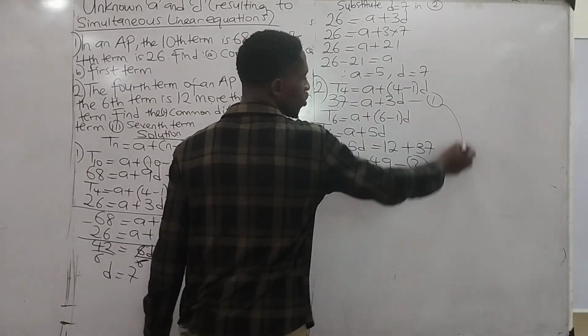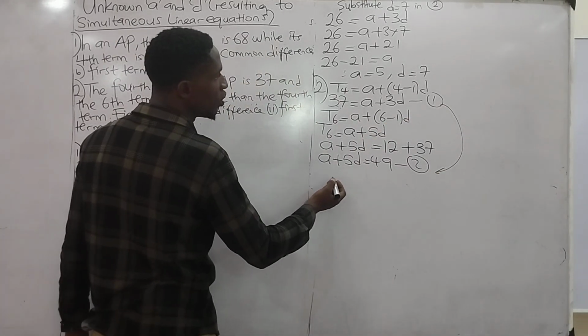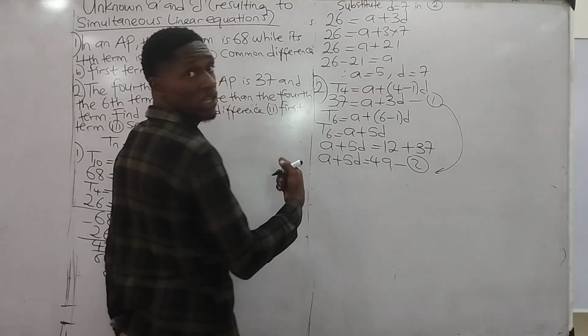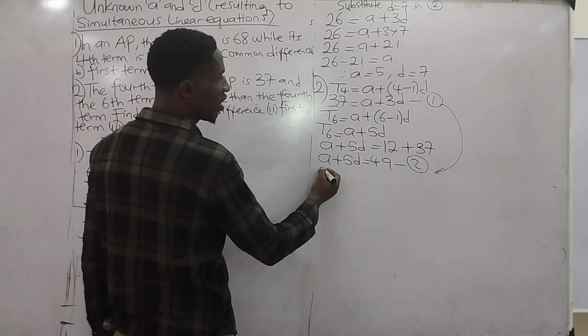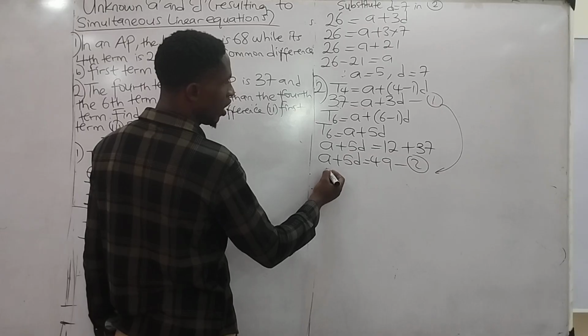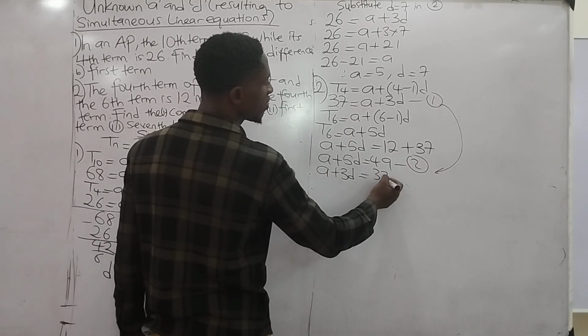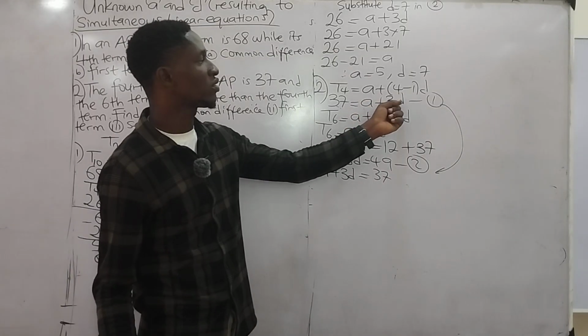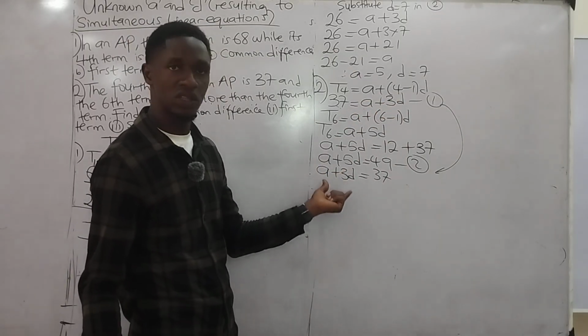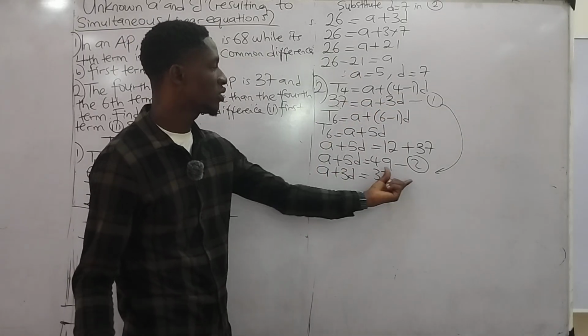Let's bring equation 1 closer: a plus 3d is equal to 37. I want the a plus 3d to be on the same side as the a plus 5d, and the numbers on the same side.